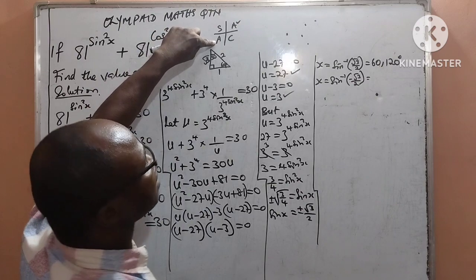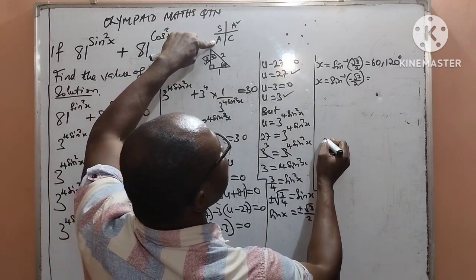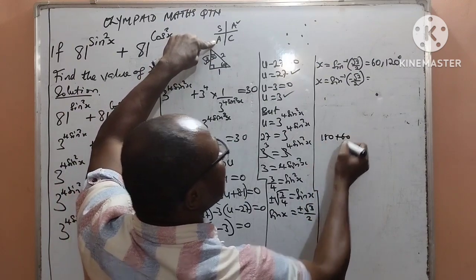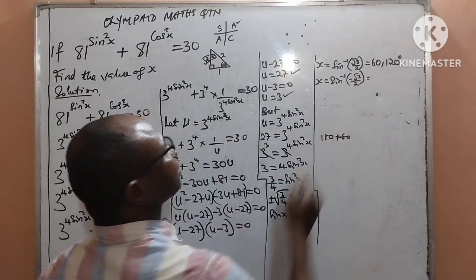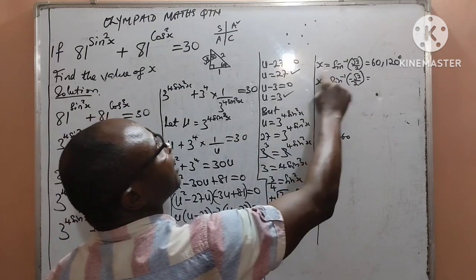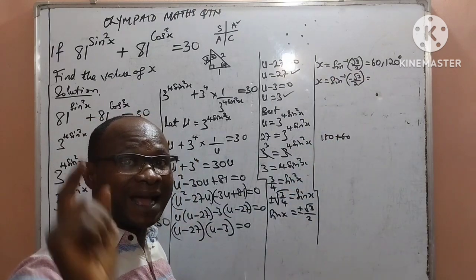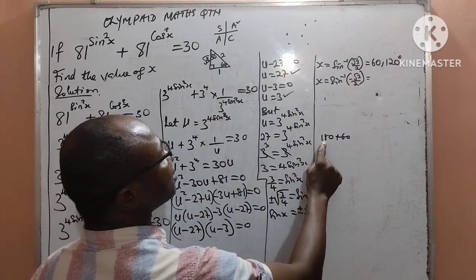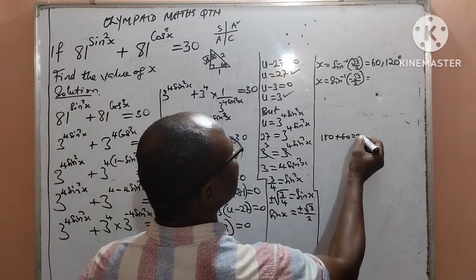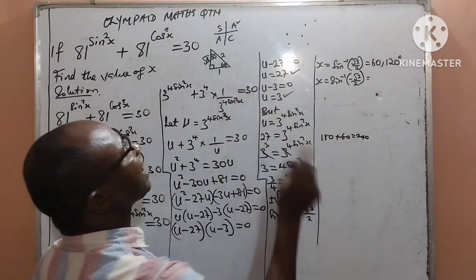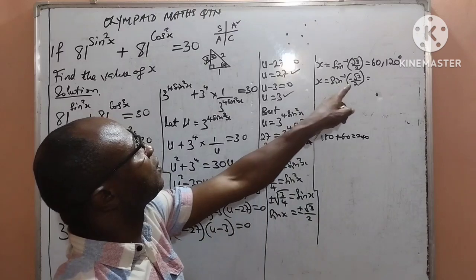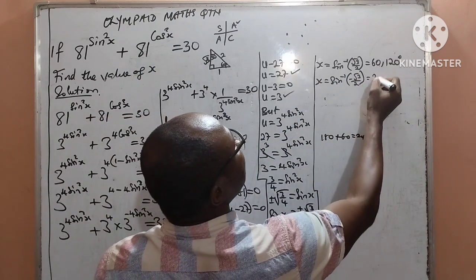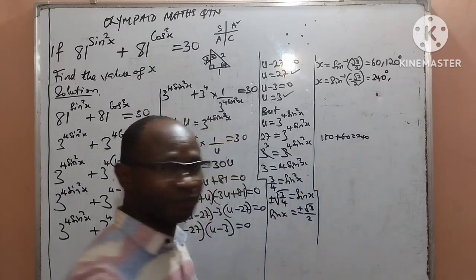In the third quadrant, it is going to be 180 plus theta, and my theta here is the reference angle, which is 60, the angle we got in the first quadrant. So if I add 180 plus 60, I get 240. So when sine is negative root 3 over 2, I get 240 degrees.